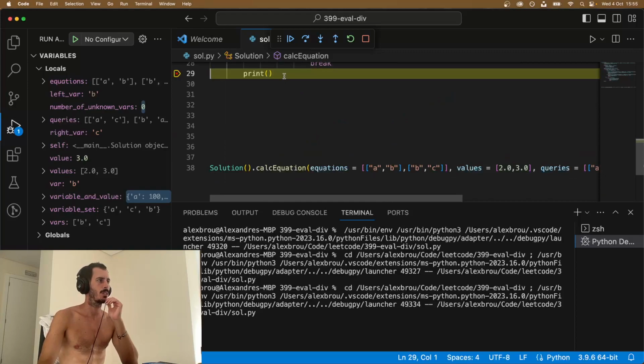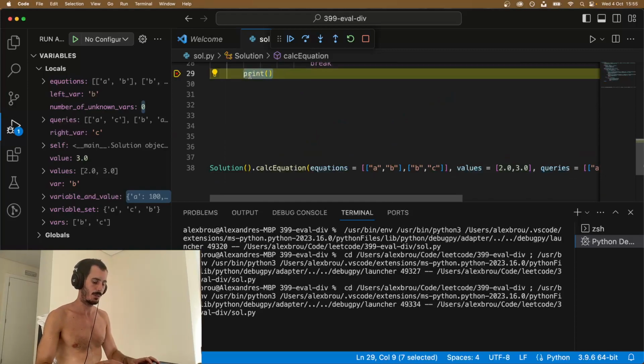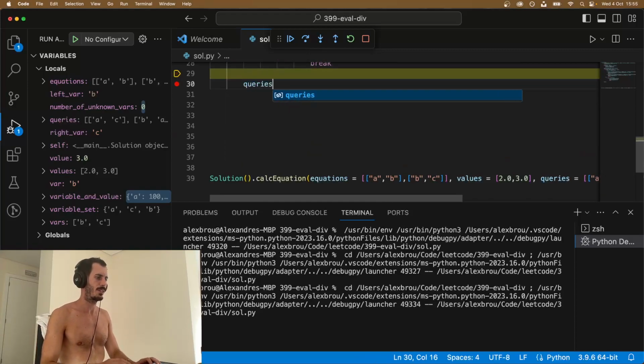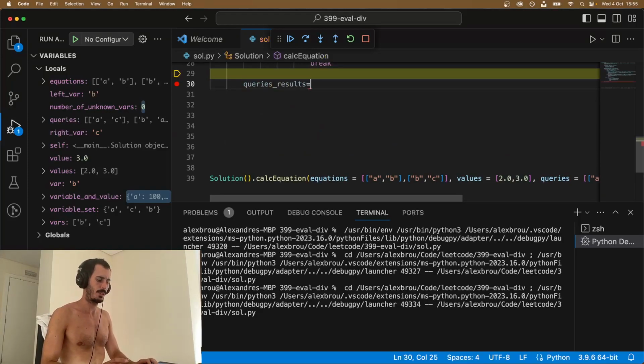Anyways, now what do we do? Now we solve the equation. So the query results equals empty list.